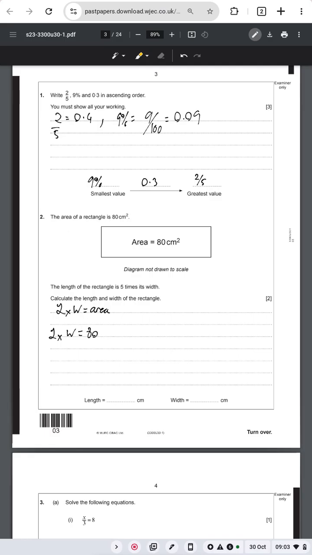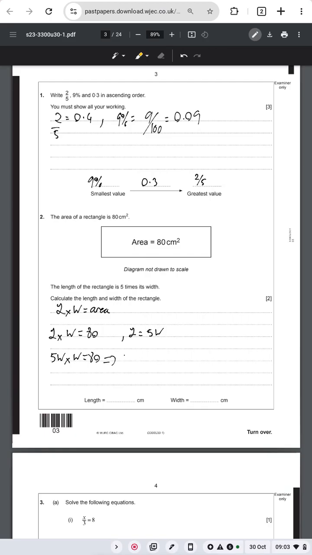We're told that the length is 5 times the width, so we can say that L is equal to 5W. So we have 5W multiplied by W is equal to 80.